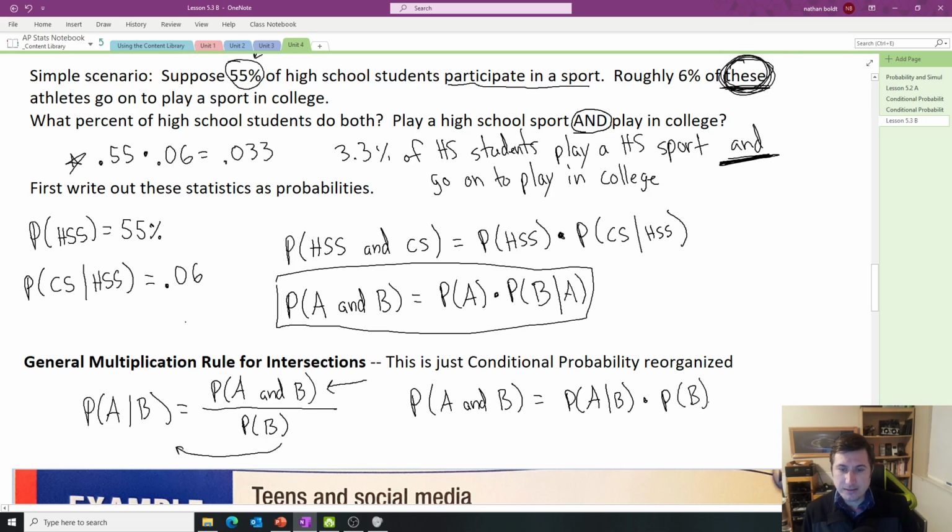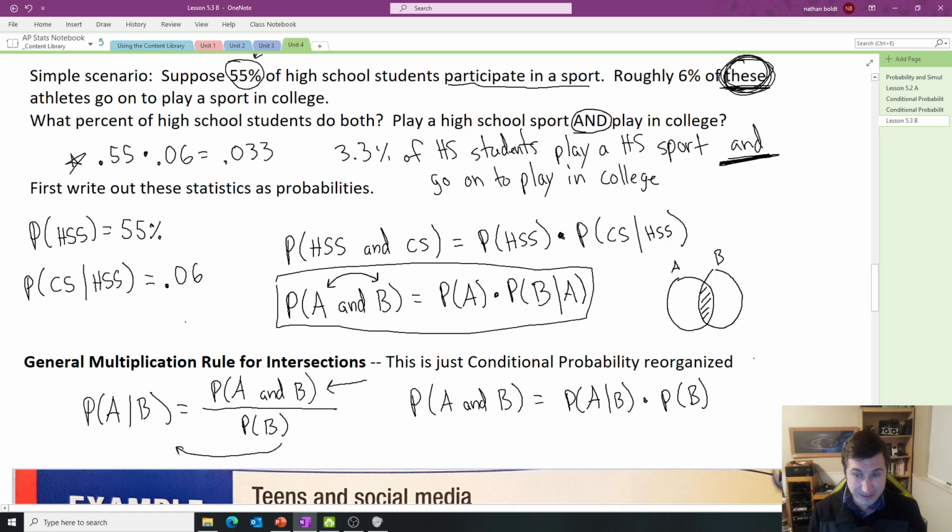Now, as you can see, the order of the letters changed just a little bit, didn't it? But hopefully you realize that the order of the AND, the order of the intersection, doesn't actually matter. Again, go back to a Venn diagram. If I want to find the intersection here, does it really matter which one is A and which one is B?